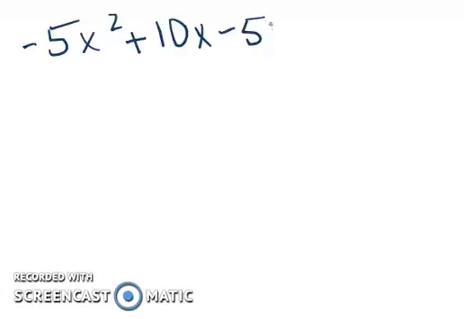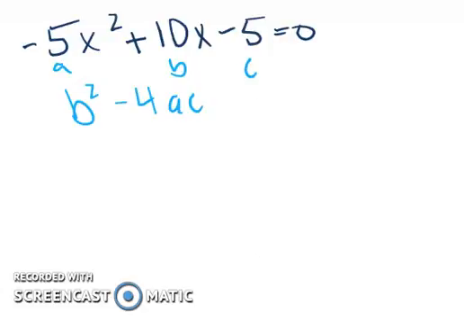All right, last one. We get negative 5x squared, plus 10x minus 5 equals 0. And we're going to get our form of b squared minus 4ac. B, A, and C, I'll label those real quick.